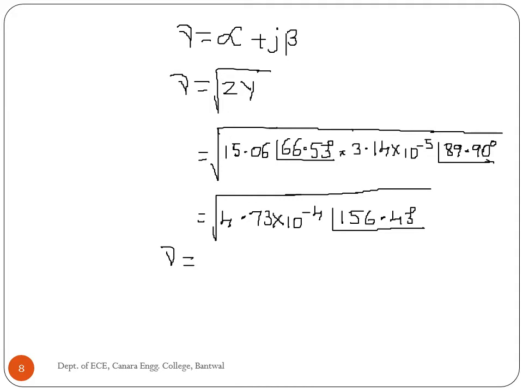Square root of 4.73 into 10 to the power minus 4 is 2.17 into 10 to the power minus 2.